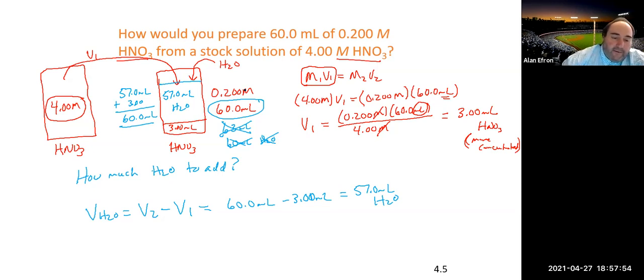At this point, we would give it a good mix. And when we would be done, maybe it turned blue, I don't know. We would then have a solution that has a concentration of 0.2 molar, and we would have 60 milliliters of that solution.